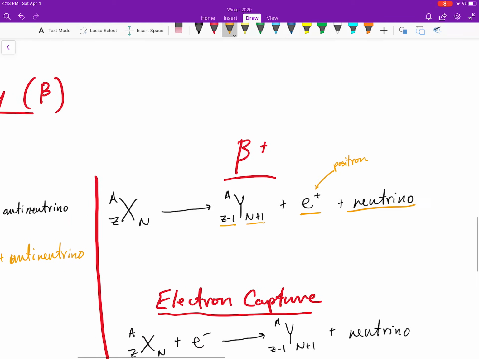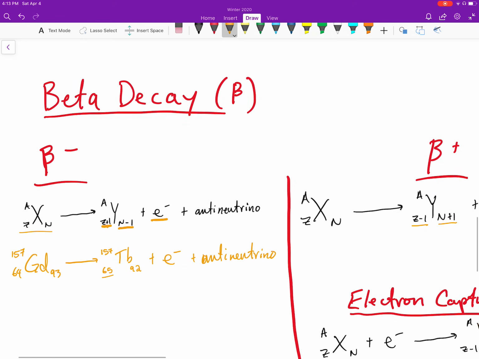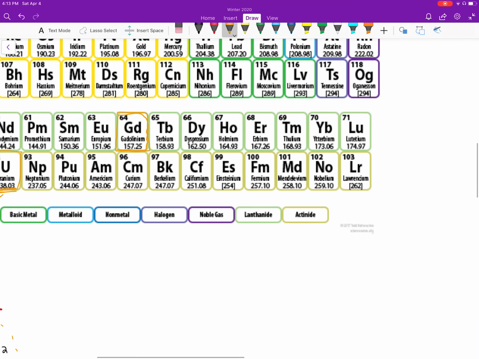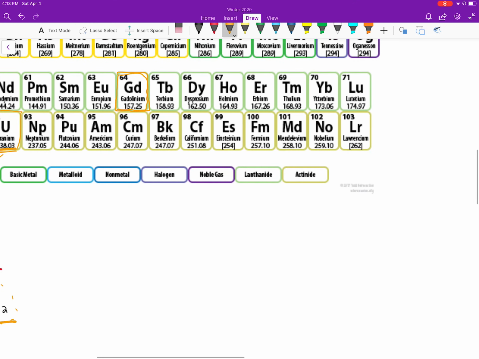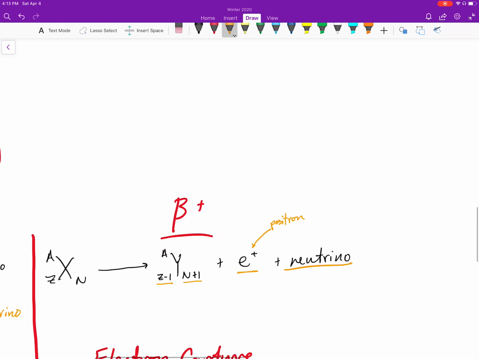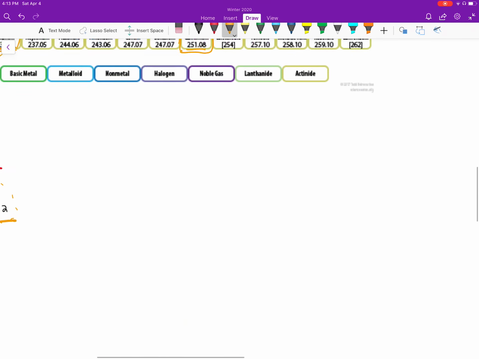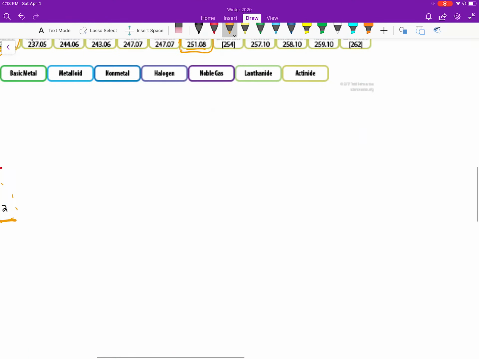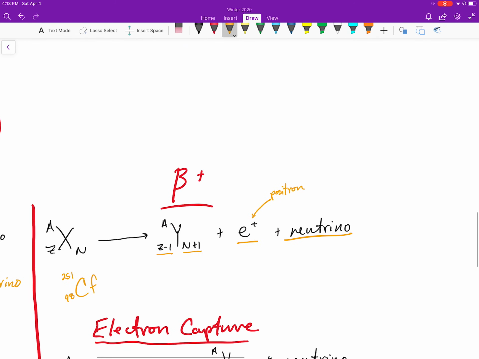Let me just do an example. So let's pick an element, californium. That's where I'm from. So 251 and 98. What is this symbol? Cf. So we have Cf 251, and was it 98? Yeah, 98. So then 251 minus 98 is 153 neutrons.